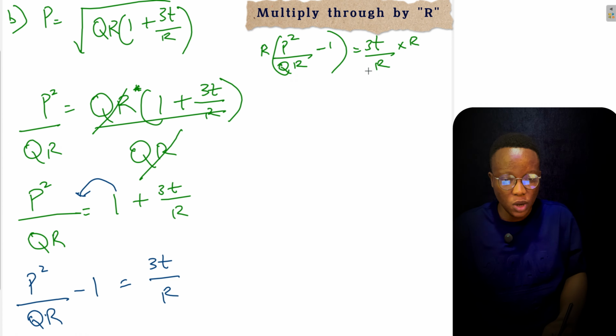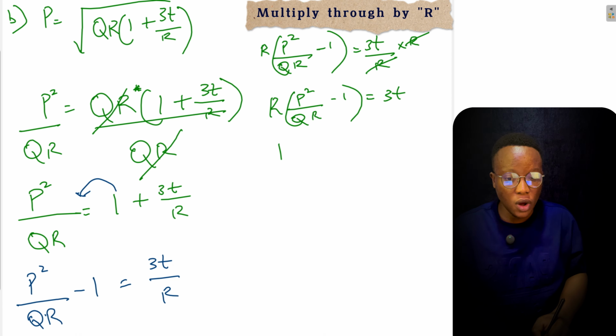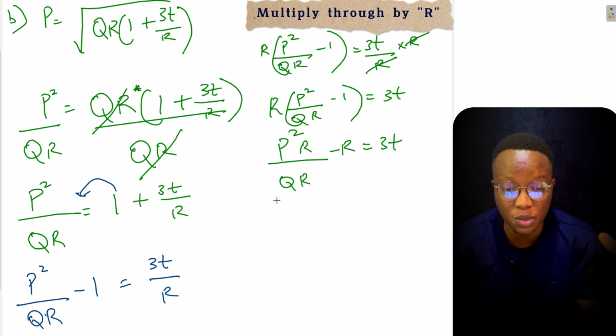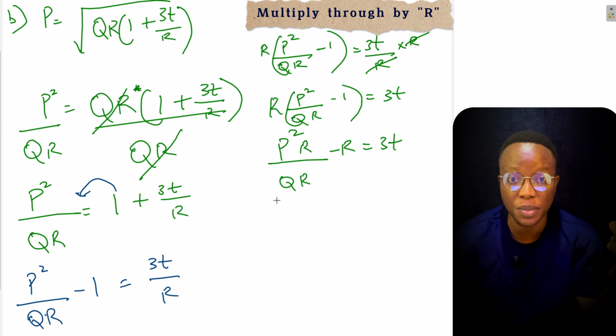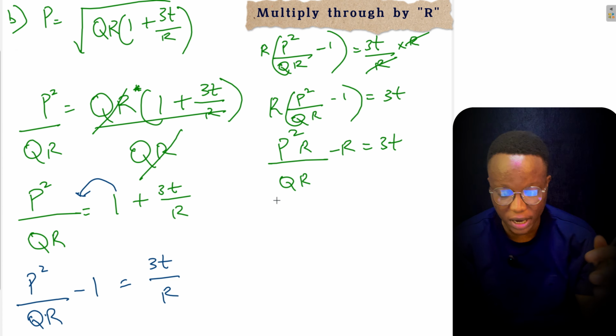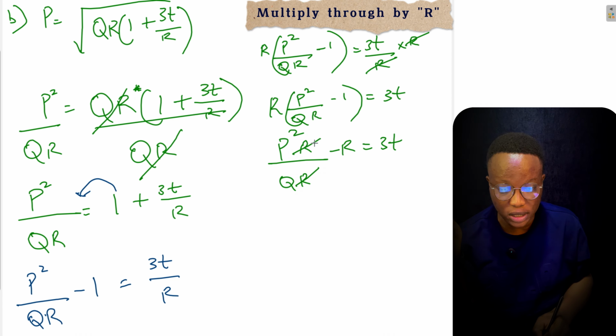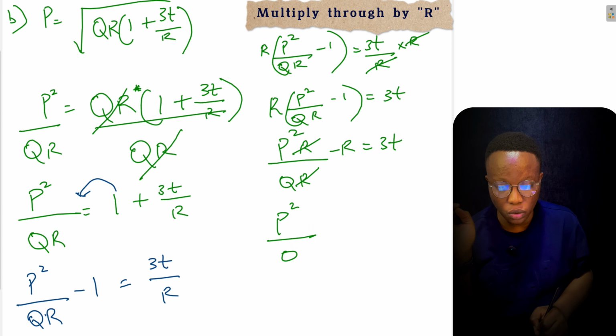In this case, r will cancel out. We are left with r into p squared all over qr minus 1 is equal to 3t. Now we're going to have p squared r all over qr minus r is equal to 3t. You can choose not to open this bracket, but I guess it's going to be simpler if we open the bracket, because now r can cancel out r, and we have p squared all over q minus r is equal to 3t.